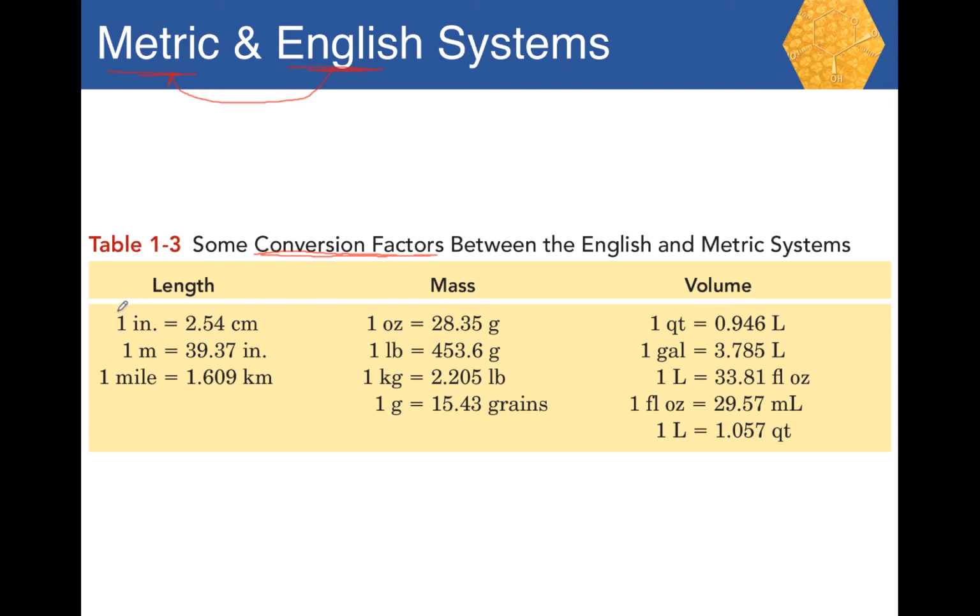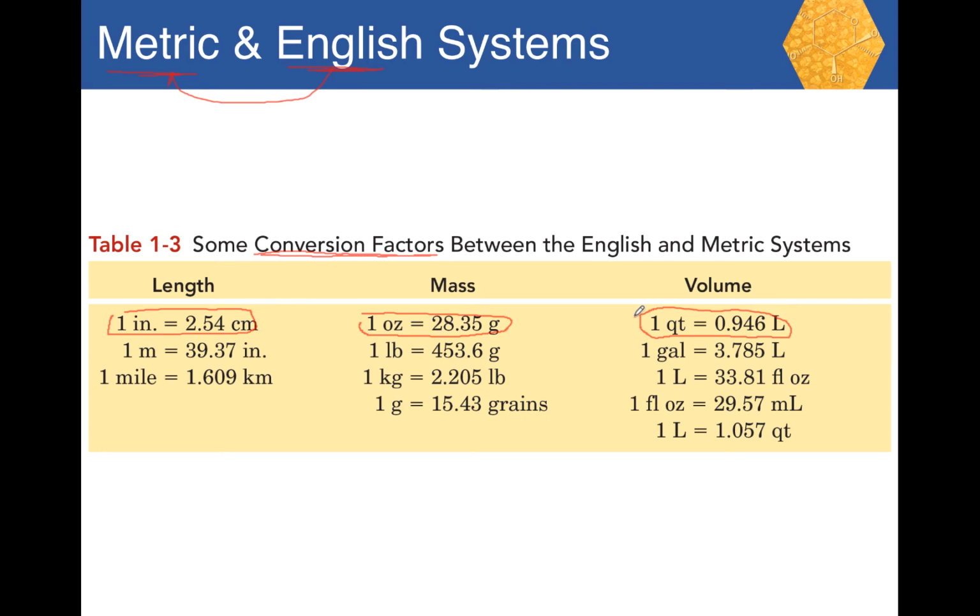For example, 1 inch is equal to 2.54 centimeters. That's an important conversion factor. Let's just quickly go through this. The mass, 1 ounce, is equal to 28.35 grams. And of course, the volume over here, 1 quart is equal to almost 1 liter, 0.946 liters.